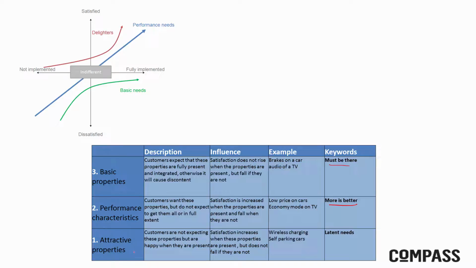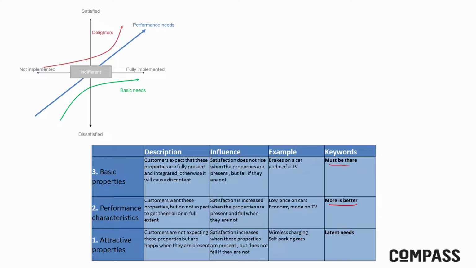And finally, attractive properties. Customers are not expecting these properties, but are happy when they're present. So this is where you get the wow factor, the surprise factor. And the idea is that satisfaction increases when these properties are present, but it does not fall if they're not. It's kind of a luxury add-on to the product. Some examples at the moment: wireless charging of your phone will be attractive, but we do not expect it.